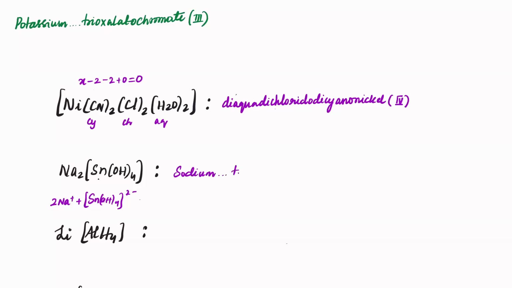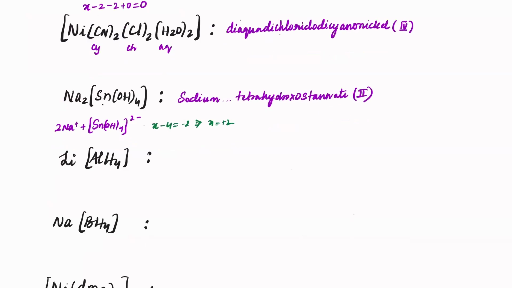Then we have tetrahydroxo. Sn is stannate, oxidation state. Now notice the oxidation state here. So we have x minus 4 equal to minus 2, which makes it plus 2. So we would represent this as plus 2 here.